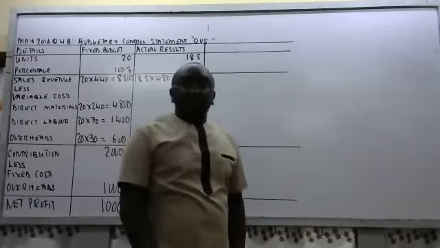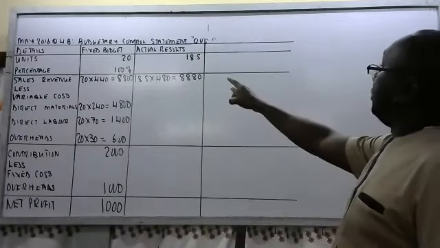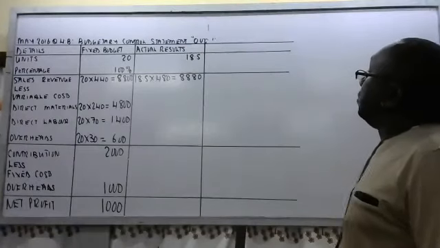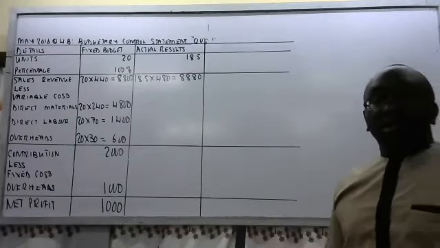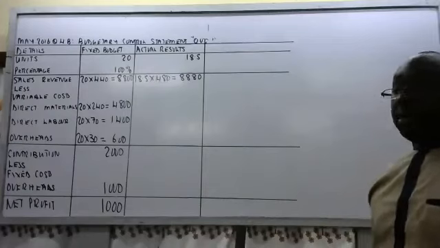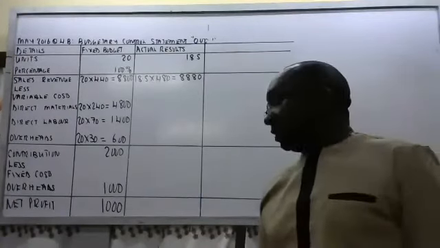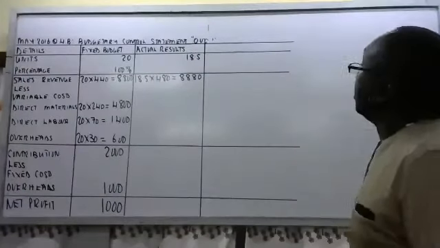And then for the percentage you argue like this. If 20 units were 100%, 18.5 is what percent? Give me that.